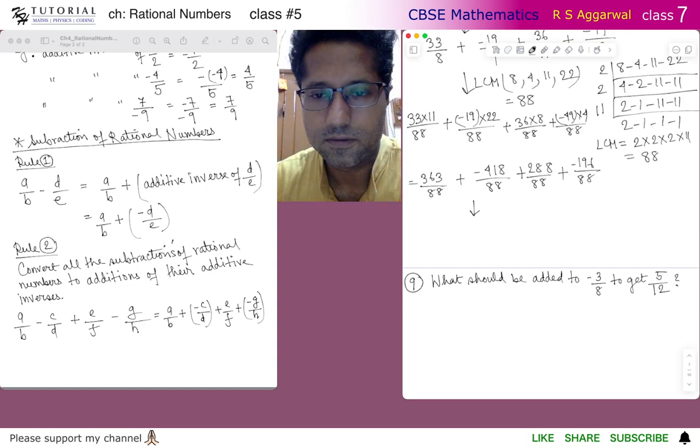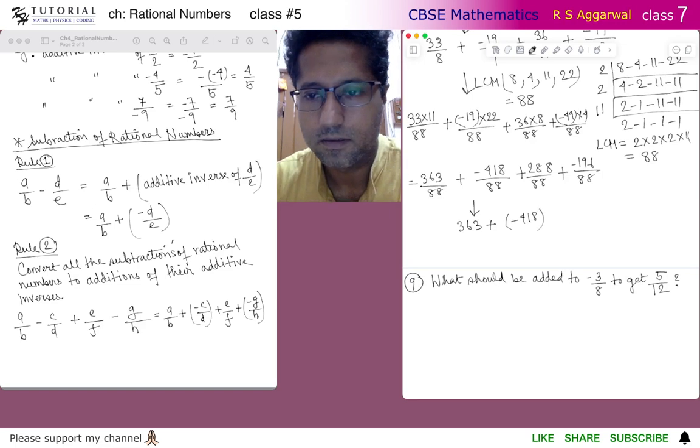So this becomes 363 plus minus 418 plus 288 plus minus 196 divided by 88.